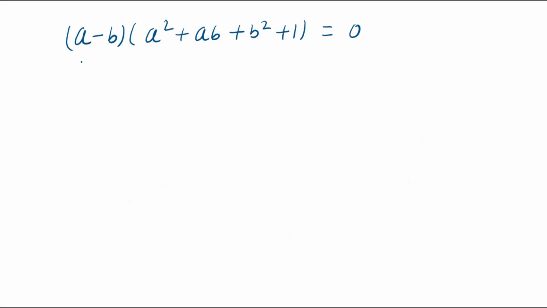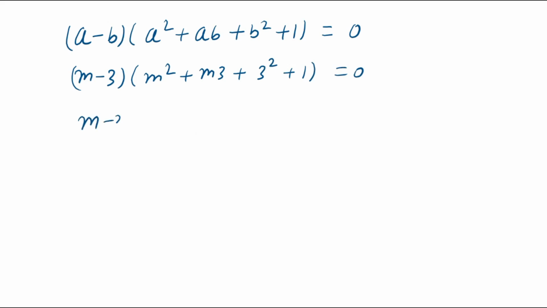So a - b is replaced by m - 3, and a^2 + ab + b^2 + 1 becomes m^2 + 3m + 3^2 + 1. Here (m - 3)(m^2 + 3m + 10) = 0, since 3^2 is 9 plus 1, which is 10.